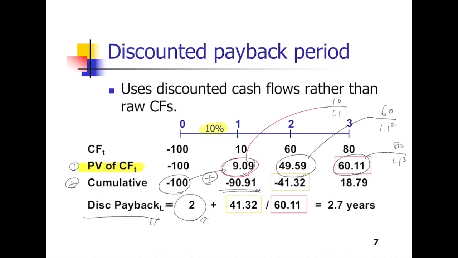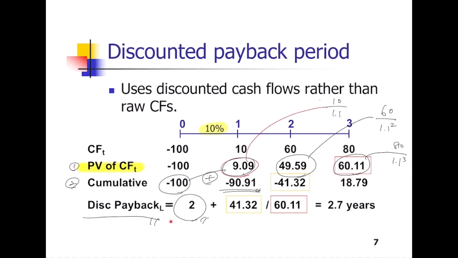So that is 2, and this number is coming from the unrecovered cost at the start of the full recovery period, and this number is the cash flow during the full recovery period, right?